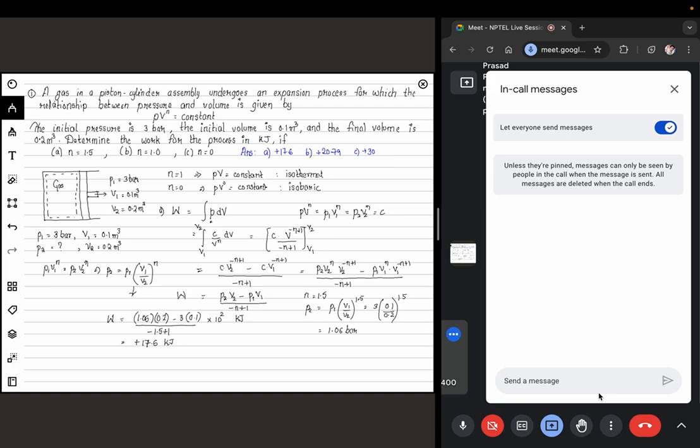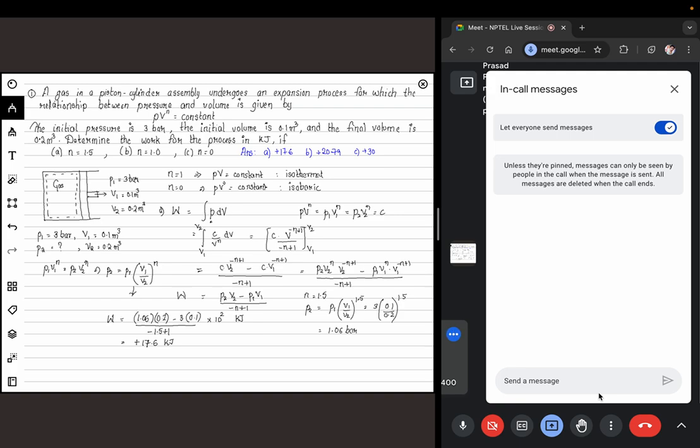If, suppose, there is friction between the cylinder and the piston, then a part of this work will heat up the environment in the form of friction, so the work done on the atmosphere will be less than the work done by the gas. Here we are assuming frictionless, so whatever work is done by the gas will be the same amount of work done on the atmosphere. So as far as the piston is considered as a system, we do not have any work. Is that clear?